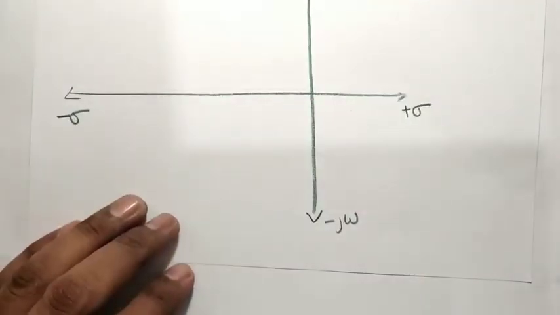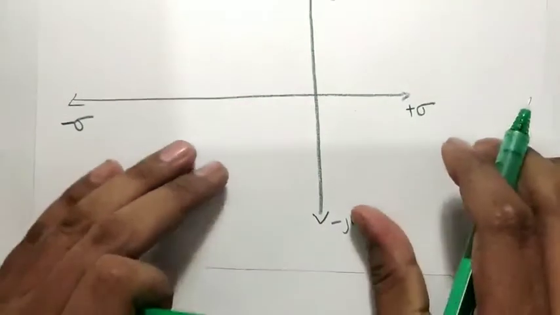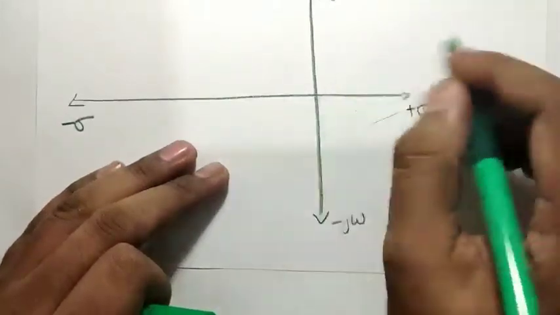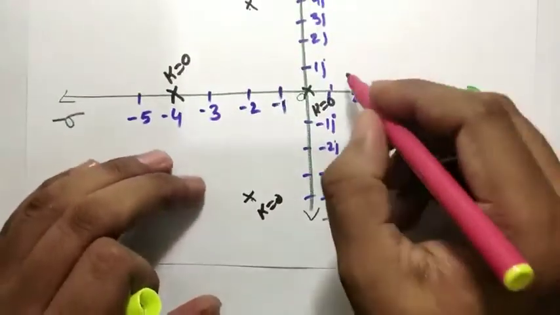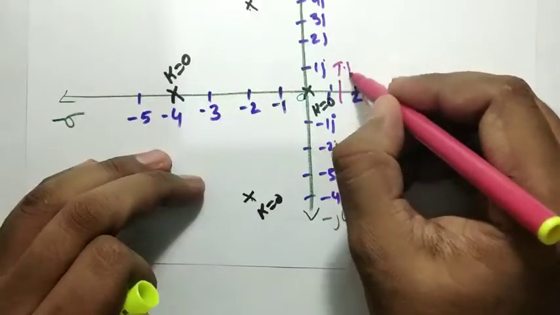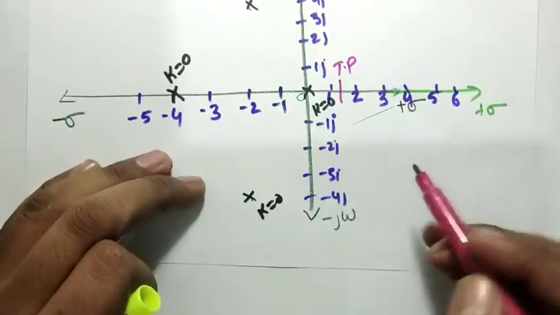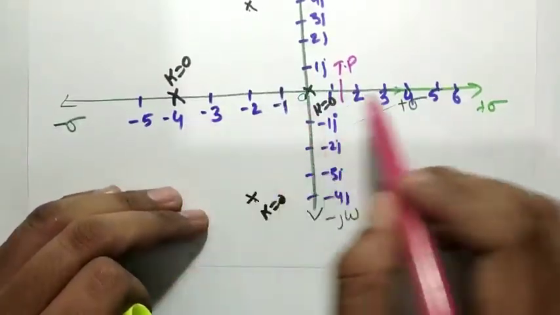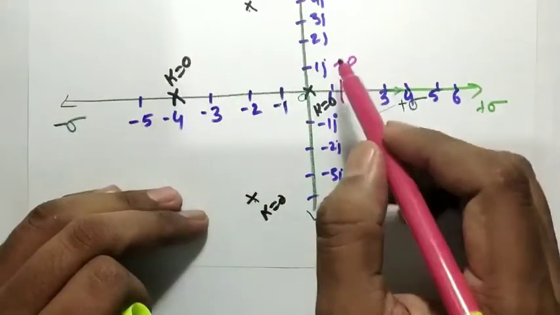If you take a test point here, what is the number of poles and zeros to the right side of this test point?